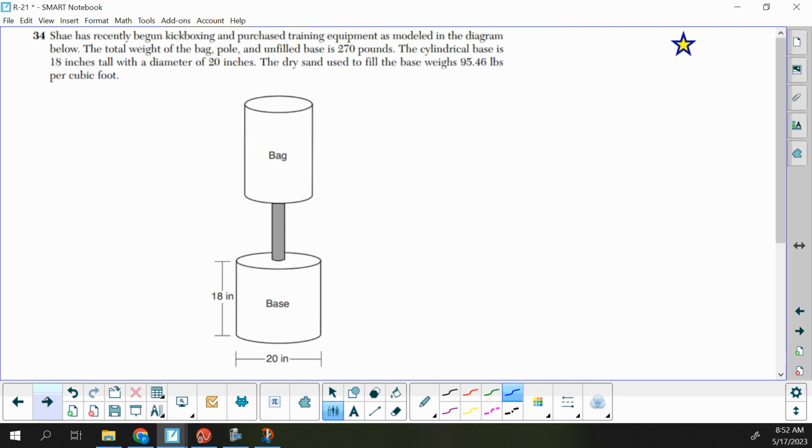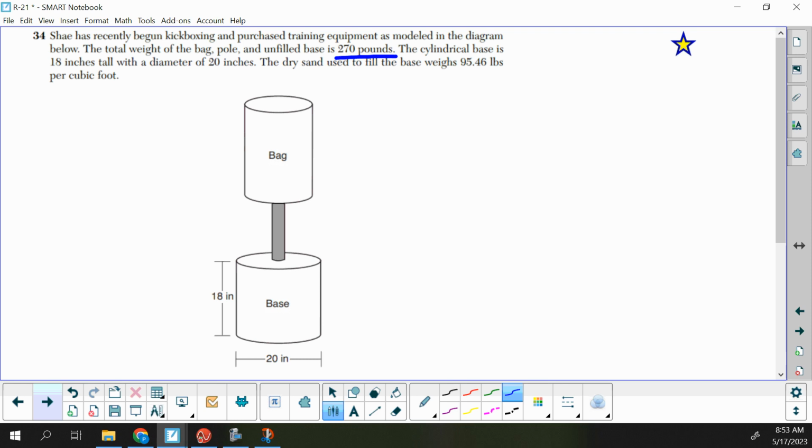All right, going over to 34. Shay has recently begun kickboxing, purchased training equipment modeled in the diagram below. The total weight of the bag, pole, and unfilled base is going to be 270 pounds. The cylindrical base, we've got 18 inches tall with a diameter of 20 inches, which they labeled.